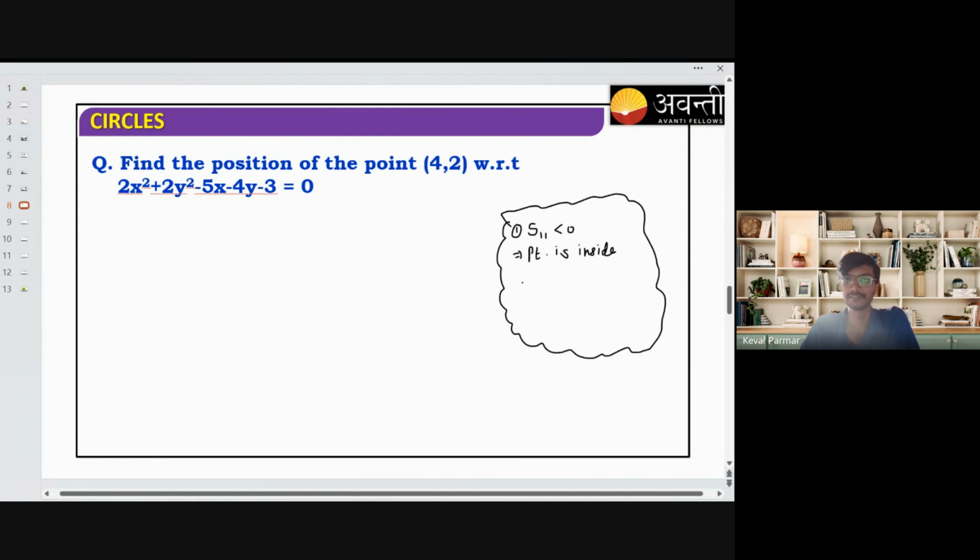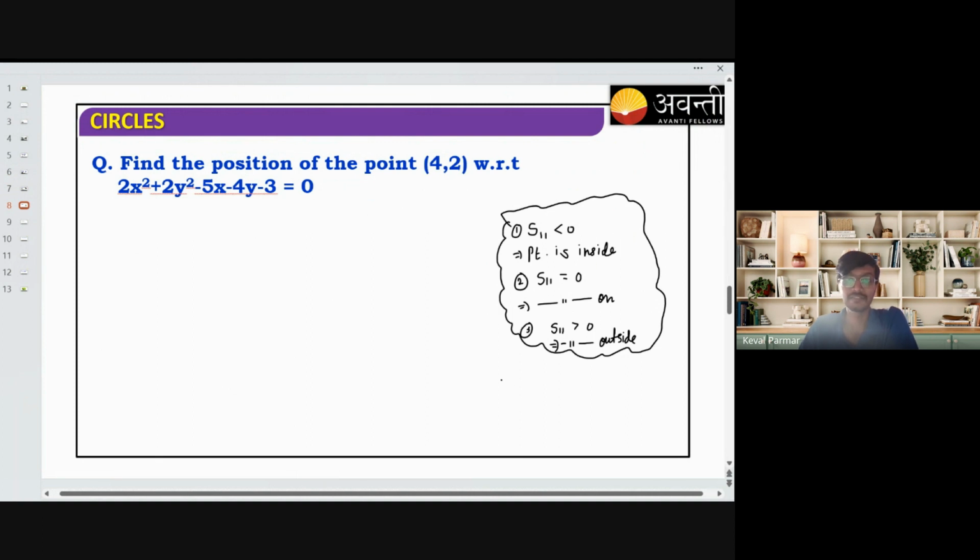Second, S11 equals 0, that means the point is on the circle. And third, S11 greater than 0 implies the point is outside the circle.